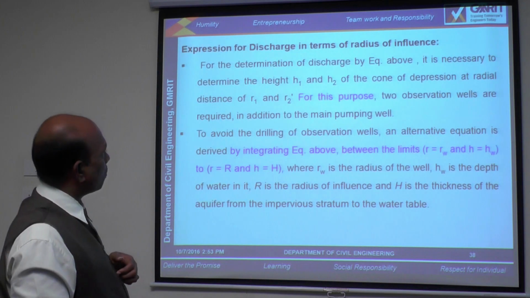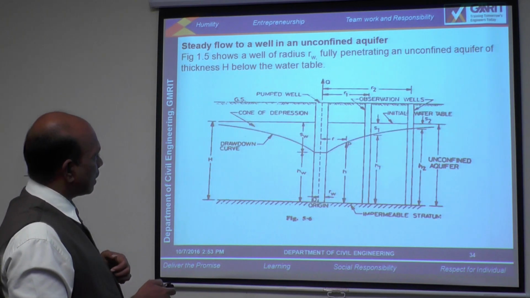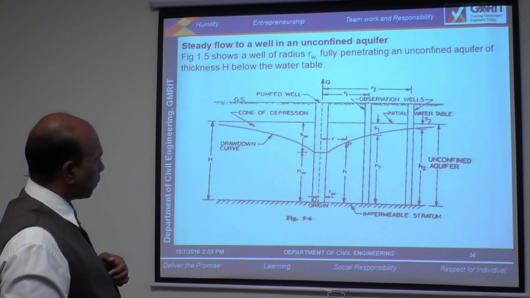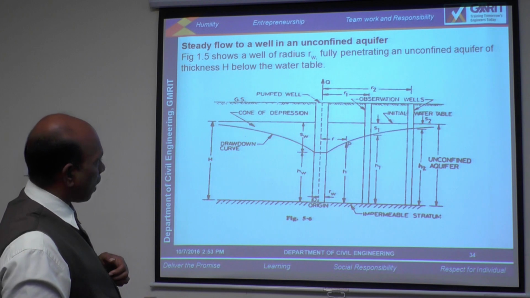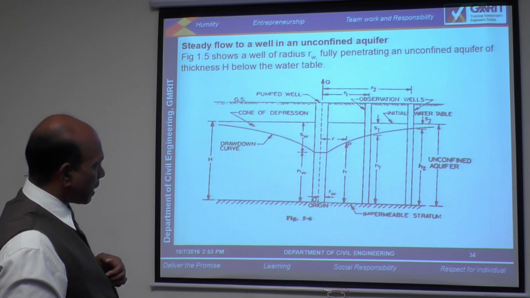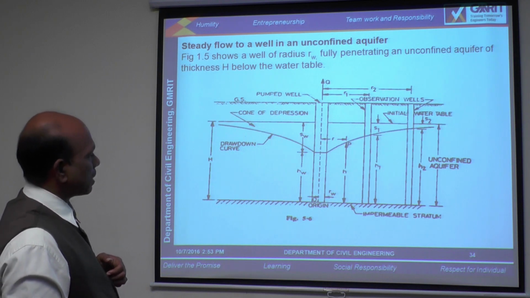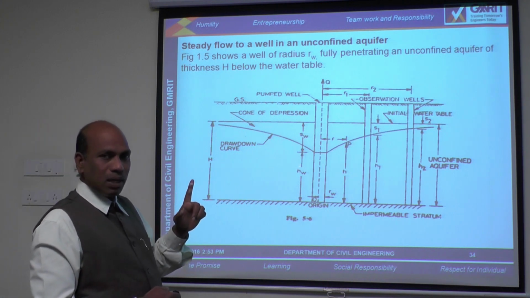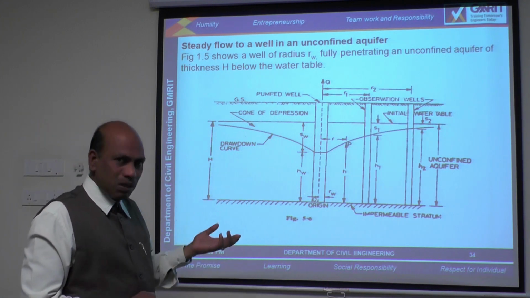What is rw? This is the radius of the well. If r is equal to rw, then h is equal to hw. This is one condition, as if it were an observation well, because the main well acts as an observation well.